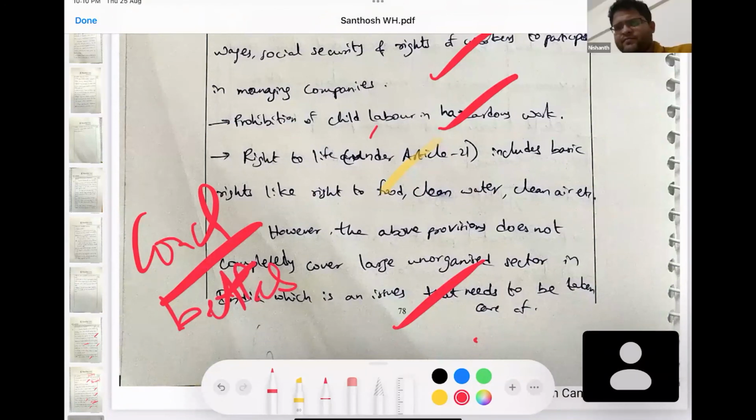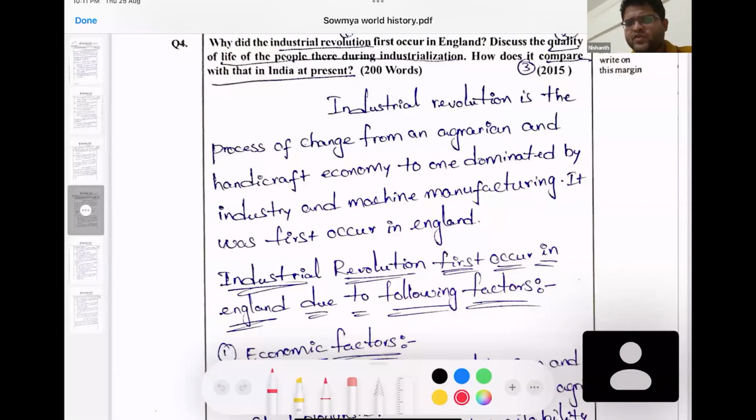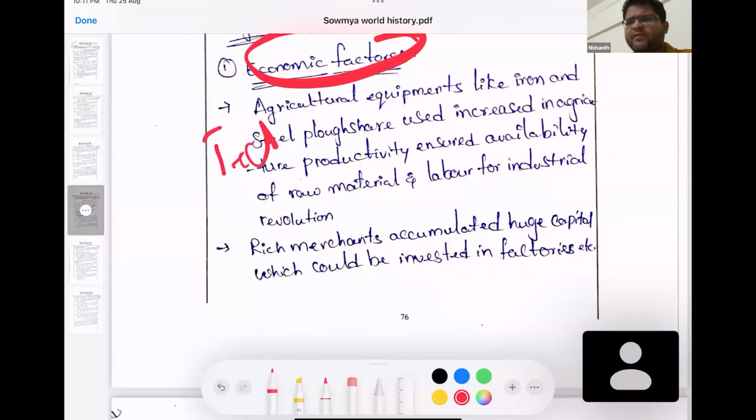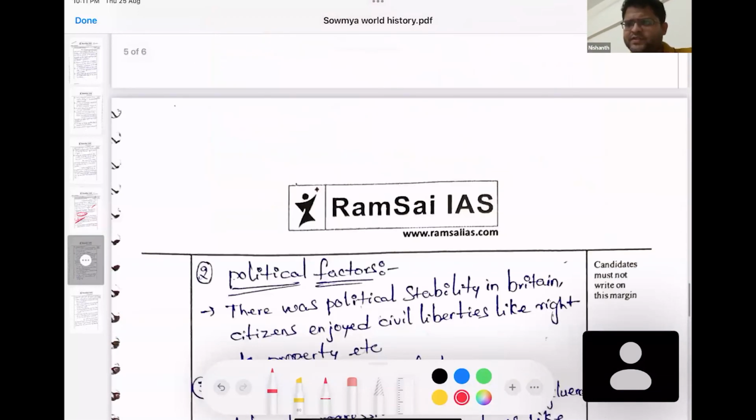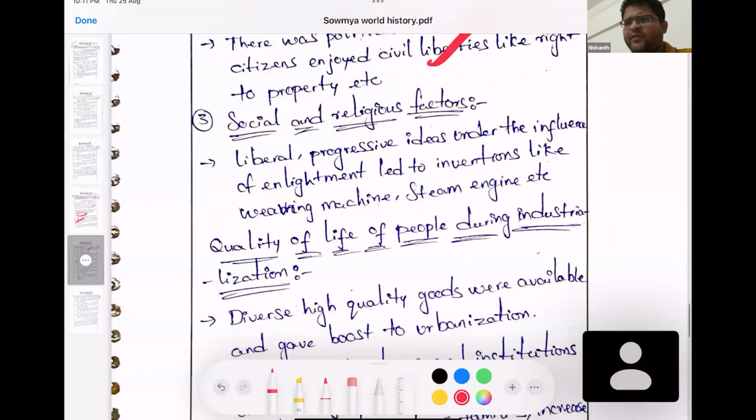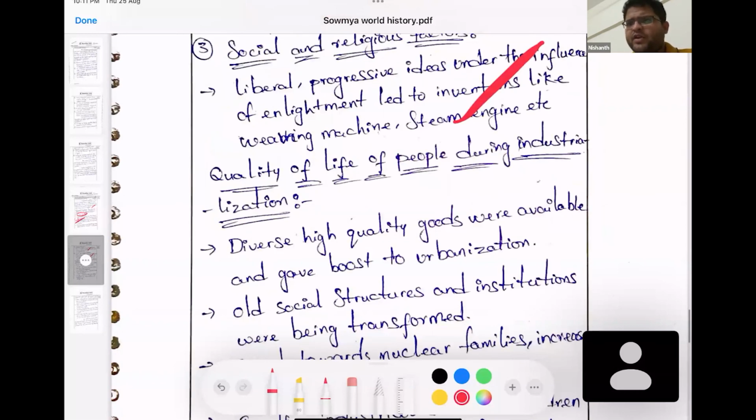Soumya, you're there? Good. Economic factors. This is a technological factor, not an economic factor. This is good. So you can write that economic factors are much more. Okay.